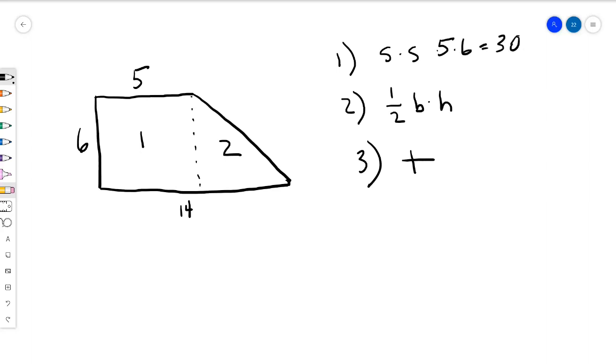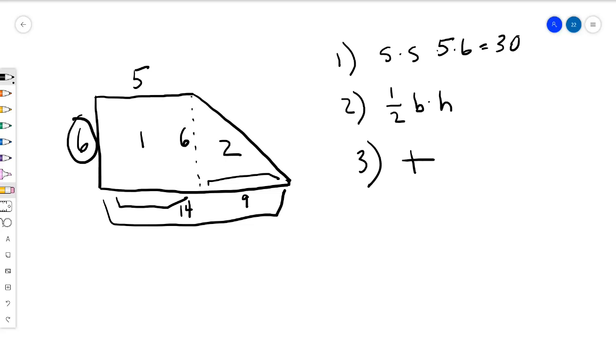My area of my triangle here, the base would be, if this whole area is 14 and this is 5, then I know that this area is going to be 9. That's my base. And I know my height is 6 because of this. So that's 1/2. The base is 9 times the height, which is 6. And that's 9 times 6 is 54, and half of that is 27.